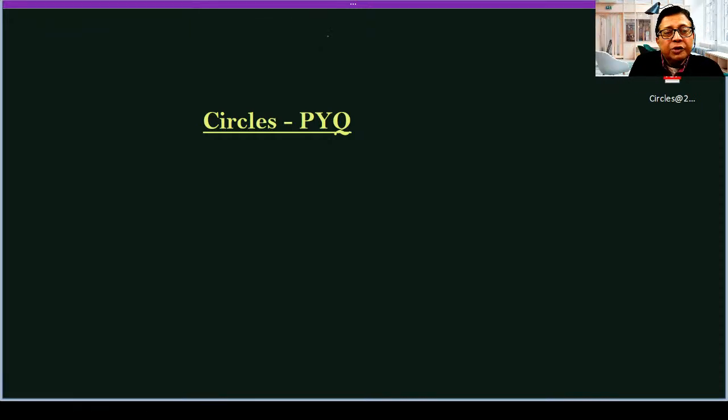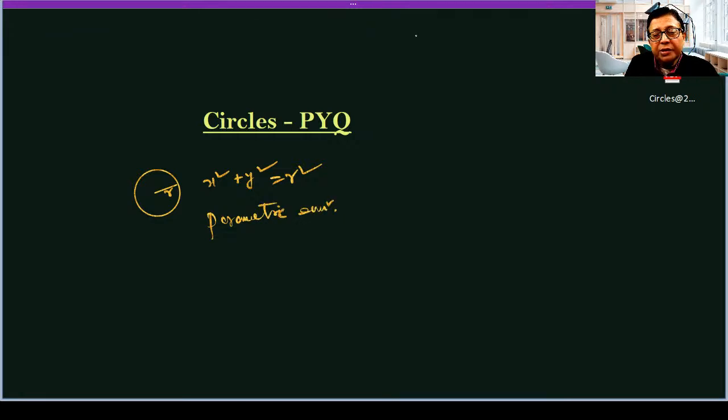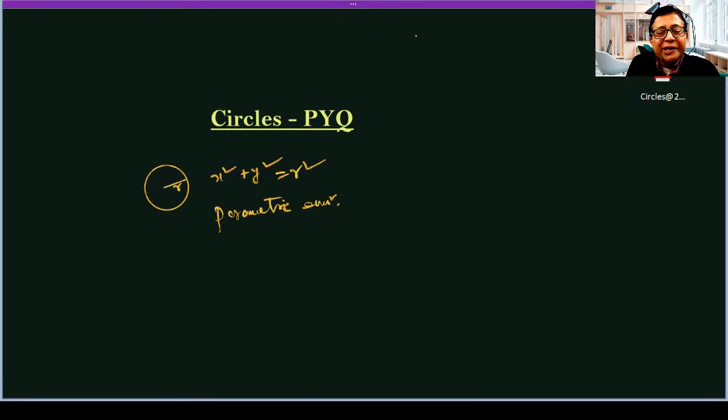Okay? So I will just revise that part once, the parametric equation of a circle. You might have done it before, just do it with me. If the circle is given in the form x square plus y square equal to r square, then its parametric equation is x equal to r cos theta, y equal to r sin theta.